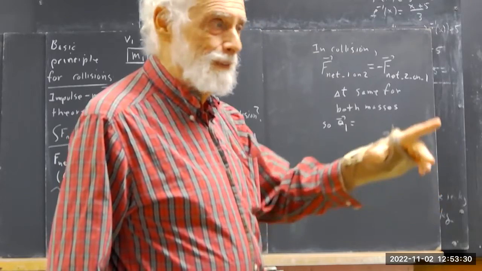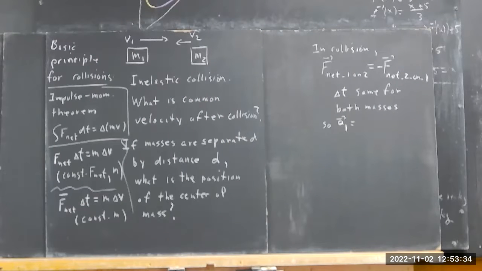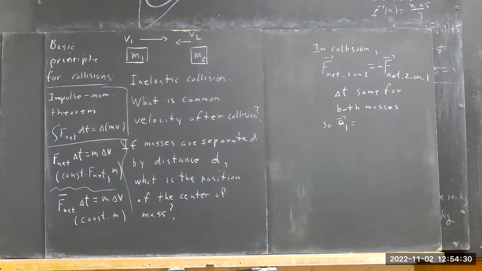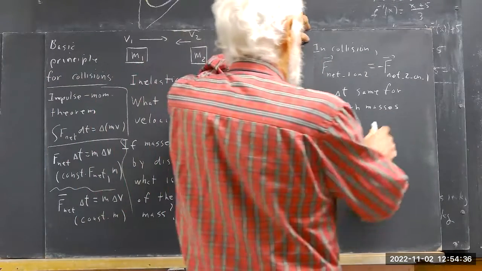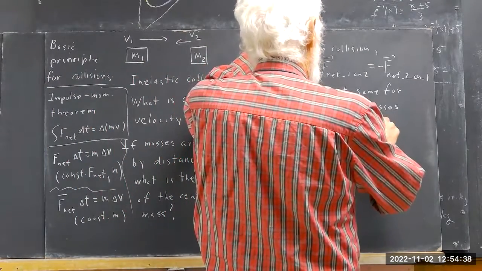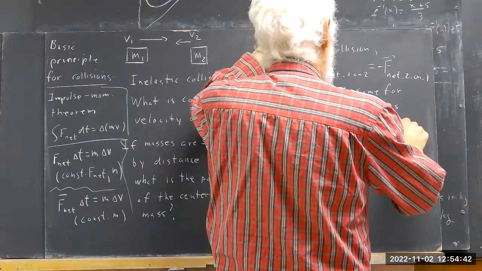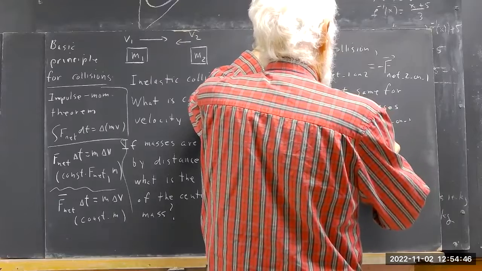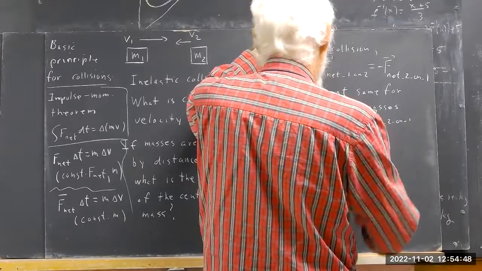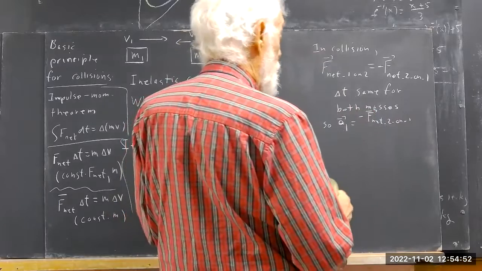Okay, so you have acceleration 1 equals. I didn't leave myself enough room for an arrow and a bar.